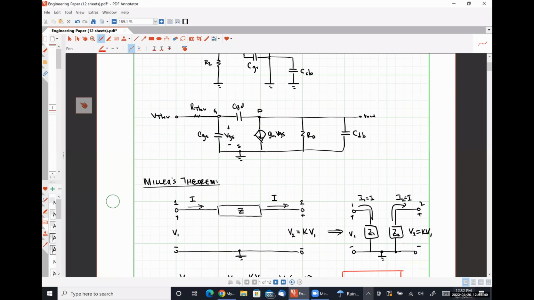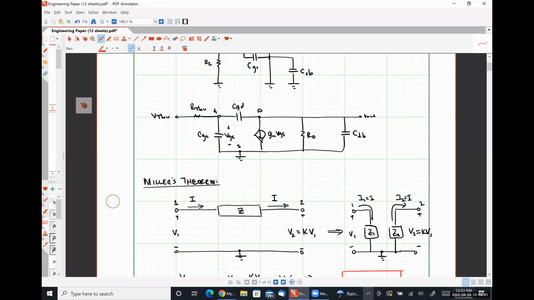And then we're going to look up here. Node G is node 1 in our Miller's theorem approximation, and D is node 2. So we're looking for a transfer function between G and D.